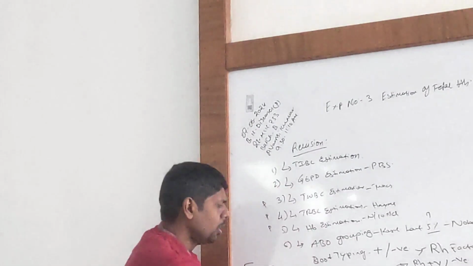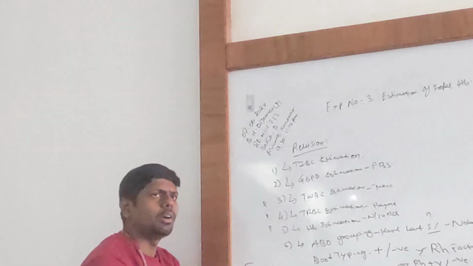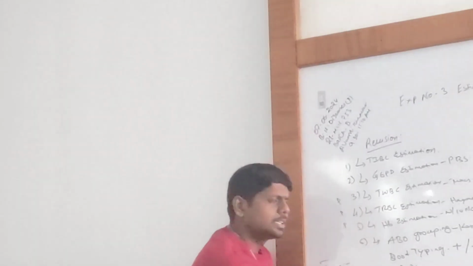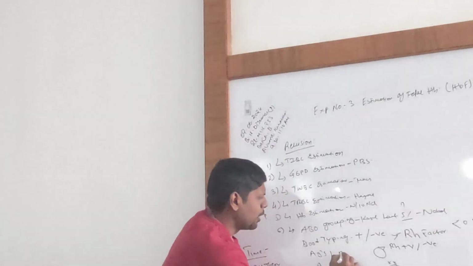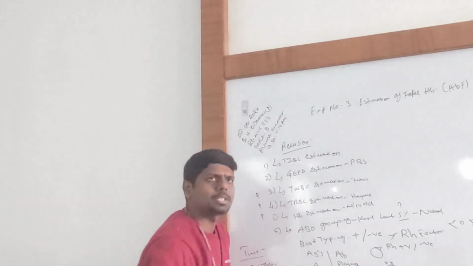Right? Now, these are the antigens on the surface of the red blood cell. And what are the antibodies present in the plasma of the patient?